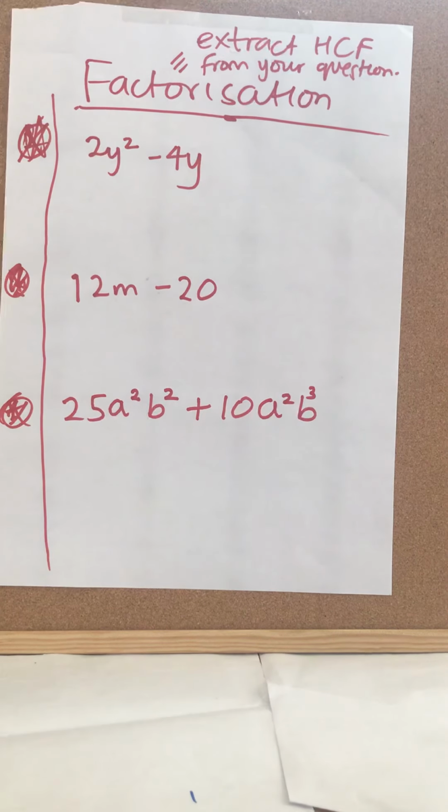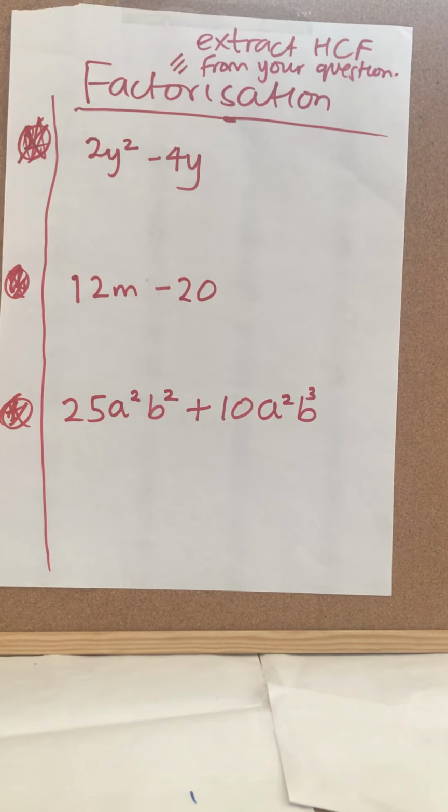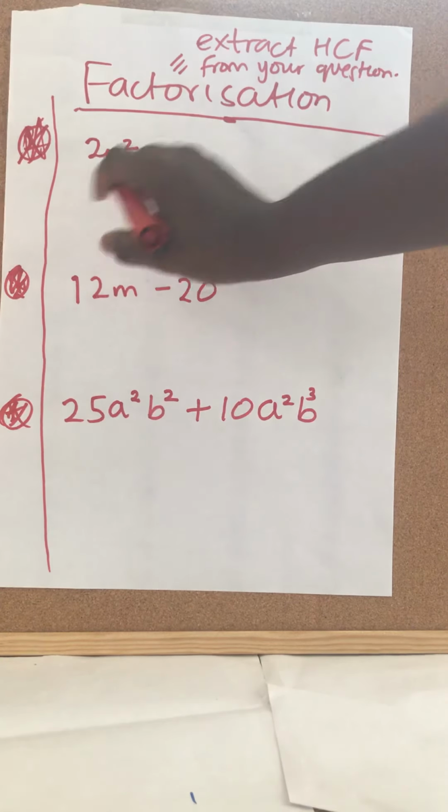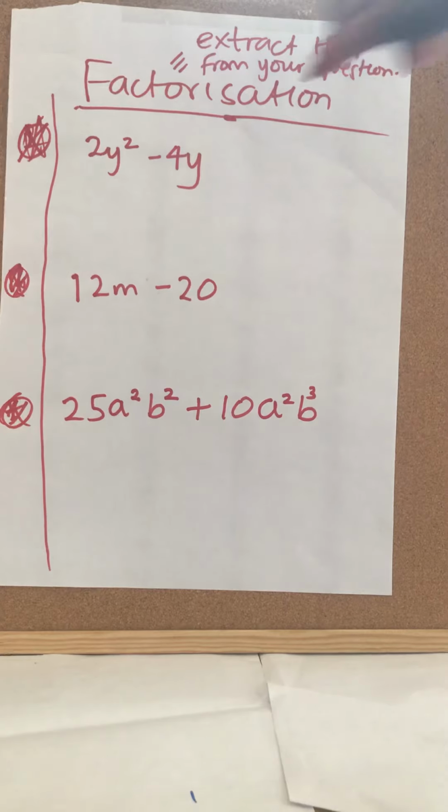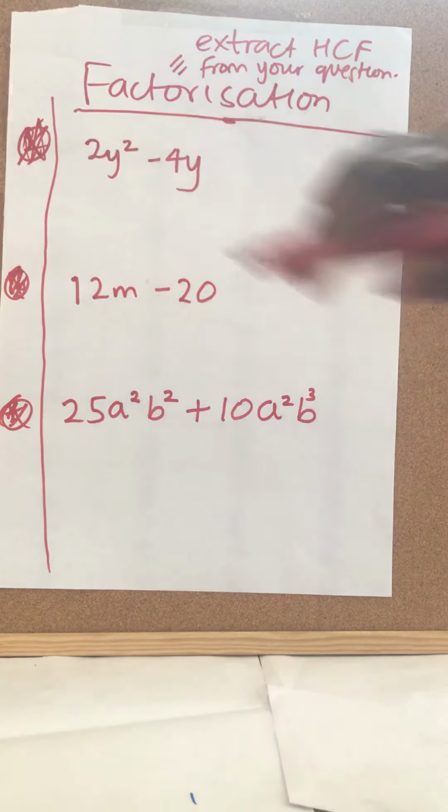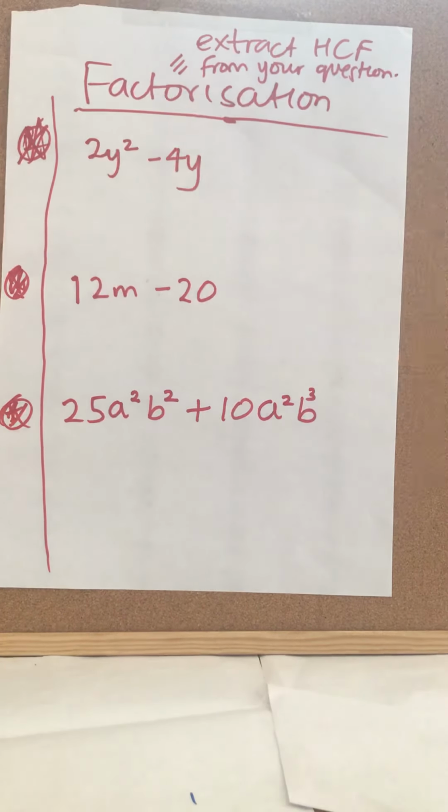The first question, or my first example, is 2y squared minus 4y. We should factorize or simplify it. What is common here? We can see this is like your 2 times table, 2 and 4.